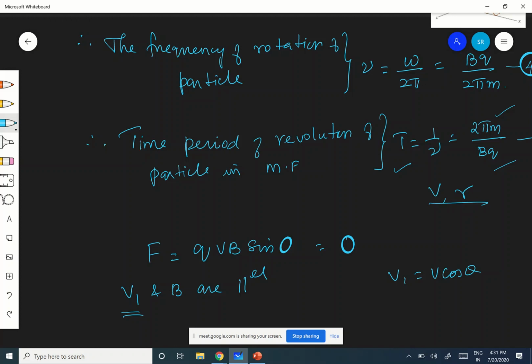So it will be moving with a constant speed, equal to V cos theta. Without any influence, it will be moving with the same speed because there is no force, along the same direction, with velocity equal to V cos theta.